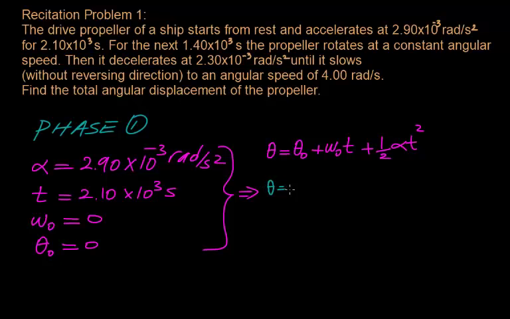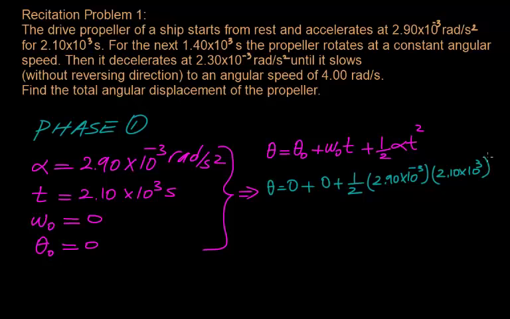Theta is going to equal 0 plus the 0 that comes from the omega 0 plus 1/2 times alpha, 2.90 × 10^-3, times the time, 2.10 × 10^3.